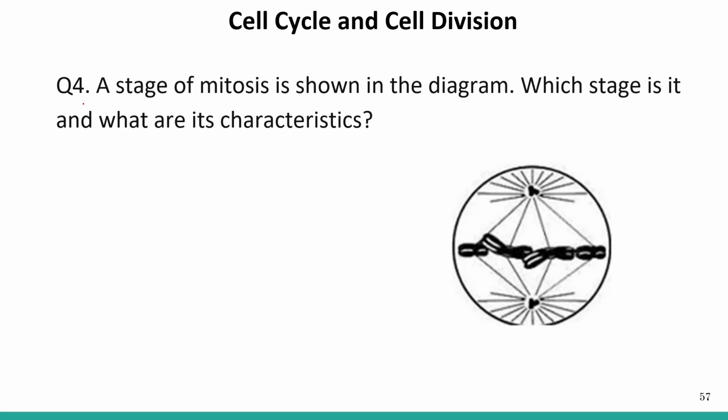Now coming to the fourth question. Here again they have given you this figure. A stage of mitosis is shown in this diagram, and they are asking which stage this is and what the characteristics of this stage are. They are talking about mitosis here.